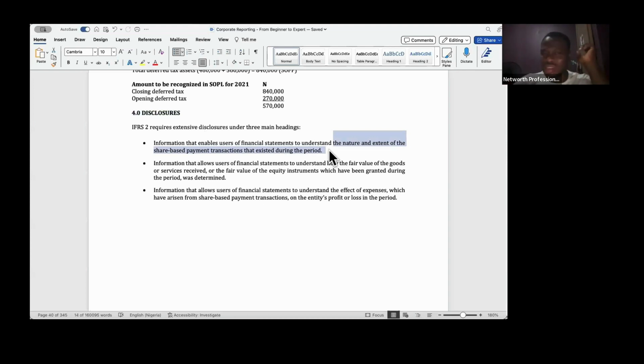You need to explain, because if you just put it in your P&L remuneration, nobody will know whether it's cash settled or equity. So it's only if you state it in your disclosure.